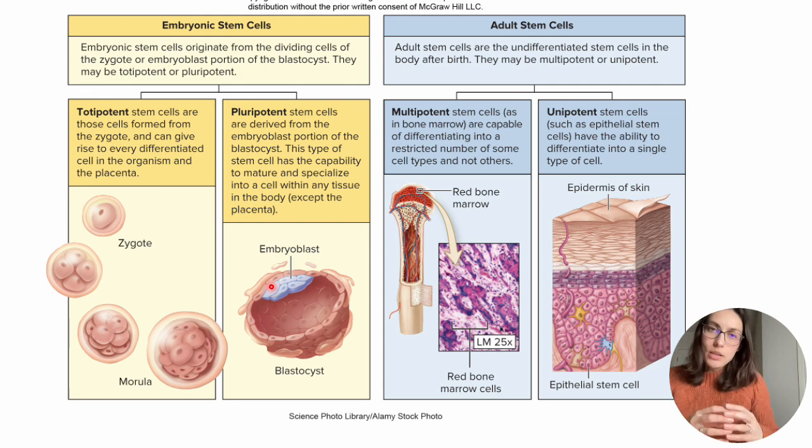And when one cell divides and creates two daughter cells, one of those daughter cells becomes an epithelial cell and the other cell remains a unipotent stem cell. So that means that these cells can only differentiate into one particular type of cell and regenerate another one of those stem cells that can again become only one particular cell type.